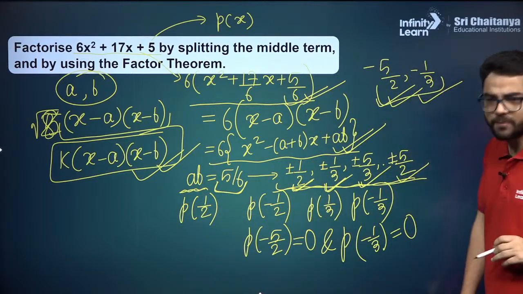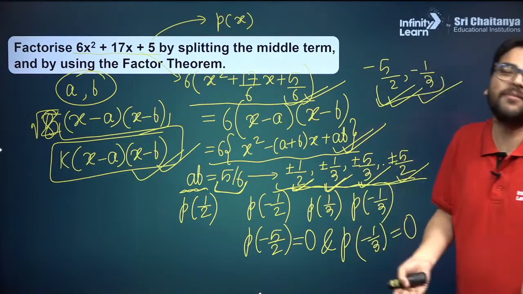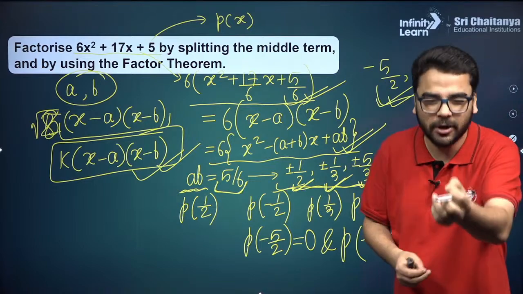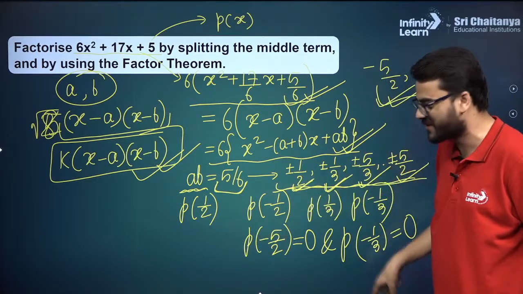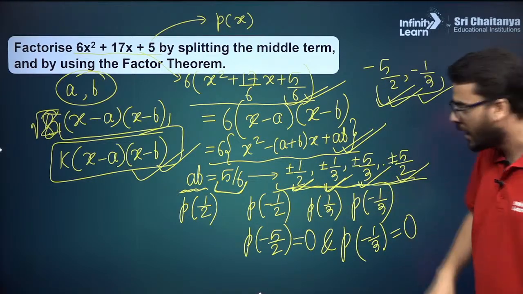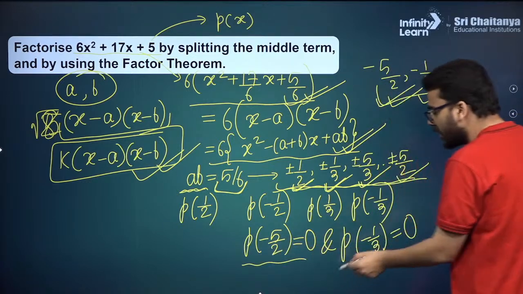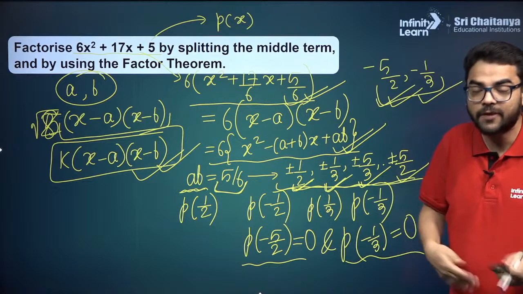More than this can also be there, but I am just giving an example over here. Is it clear? But already we know the answer. See, right now I'm doing a bit of cheating over here because I haven't put all the values, because I'm being honest, I don't have space. If I put values over here, I'll not be able to solve even 1. But if you put minus 5 by 2, you'll get 0, and minus 1 by 3, you'll get 0. But obviously you will now say, from where to start.